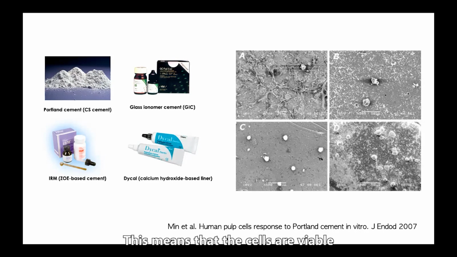This means that the cells are viable and the material is not cytotoxic. However, the cells on the other materials look like small round balls. This indicates the cells are dead and the material is not biocompatible. So I noticed that the Portland cement is more biocompatible than I expected.